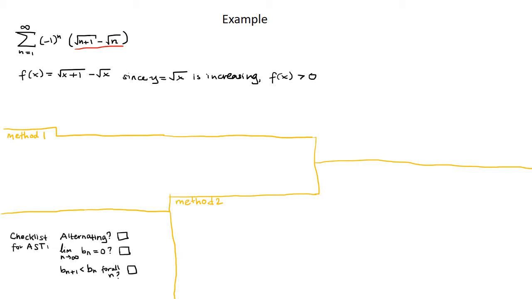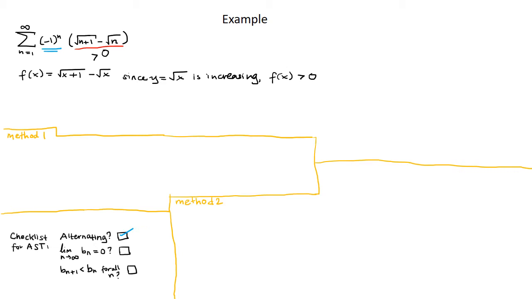So that means that this term is always positive, and so indeed we do have an alternating series because the only thing determining the sign is this term negative 1 to the n. Sweet, so it's alternating.